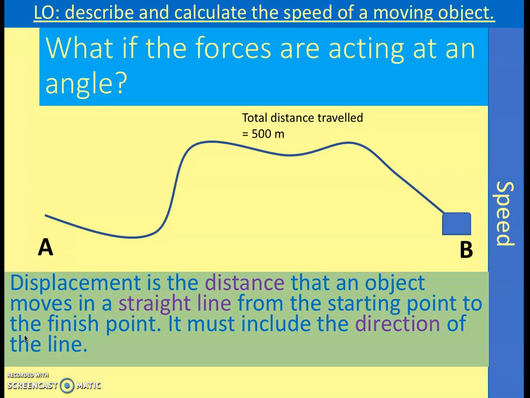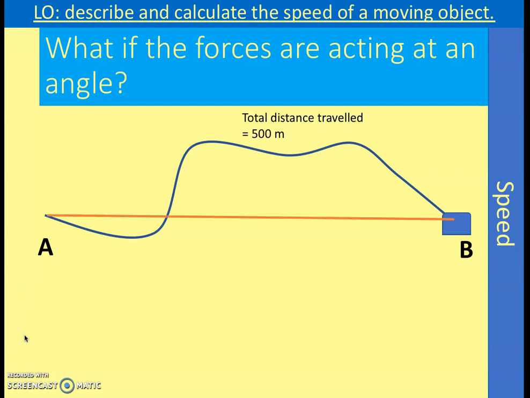So this is in our green box, so let's write it down. So displacement is the distance that an object moves in a straight line. So that's the key word there, from the starting point to the finishing point, and it must include the direction. So you might want to pause the video to get that written down in your books.